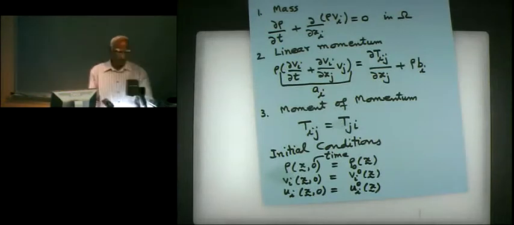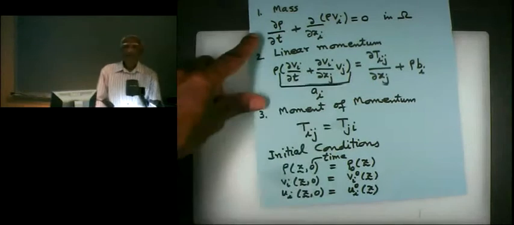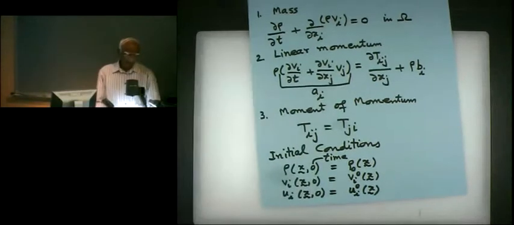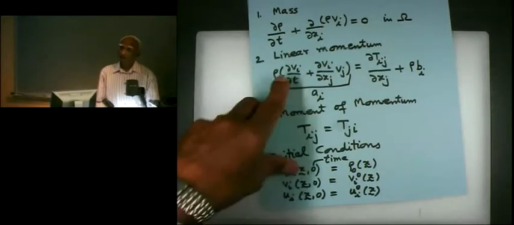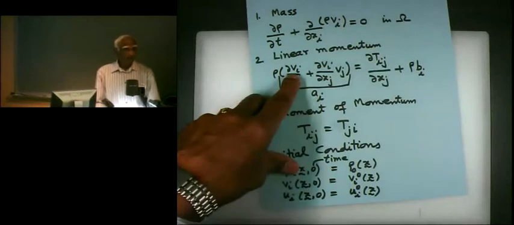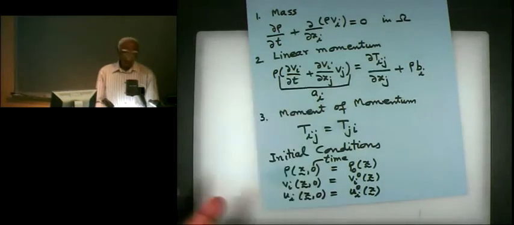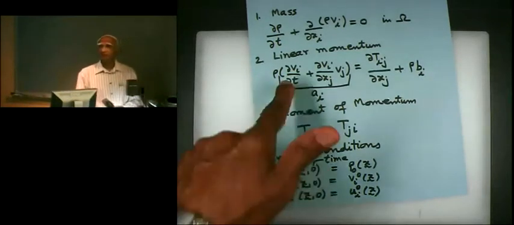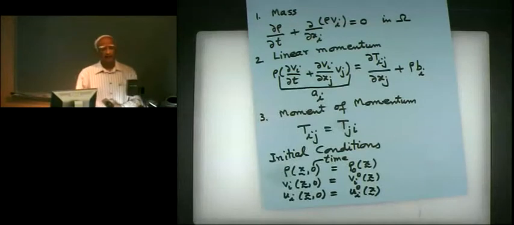So we have rate of change of mass density, so we need the initial value of mass density. We have rate of change of velocity, so we will need the initial value of velocity. And if you substitute for velocity in terms of displacements, velocity equals rate of change of displacement of a material particle. So we will need initial displacements.